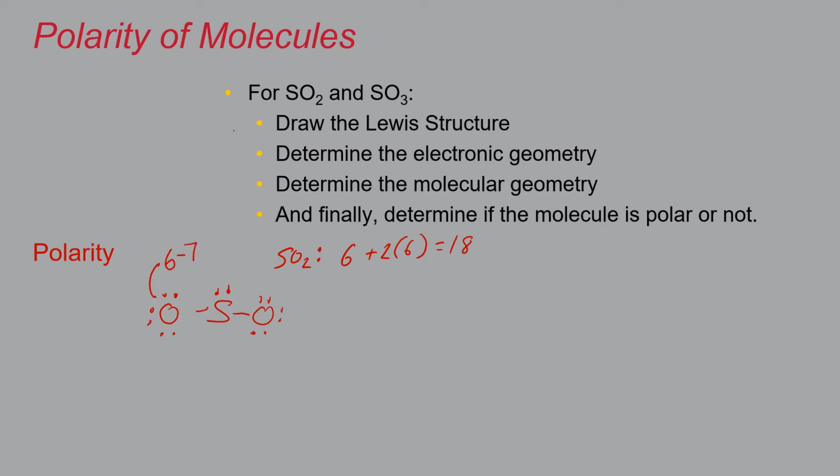You can assign 7 to it in this structure, so it has a formal charge of -1. In the case of sulfur, again, it usually has 6 valence electrons. You can assign 1, 2, 3, 4 of them in here, and that is going to give us a formal charge of +2.